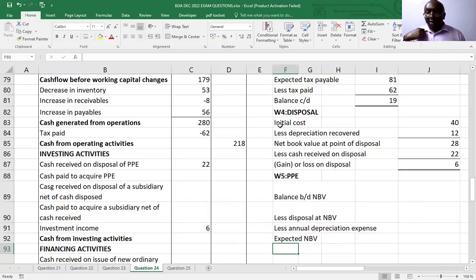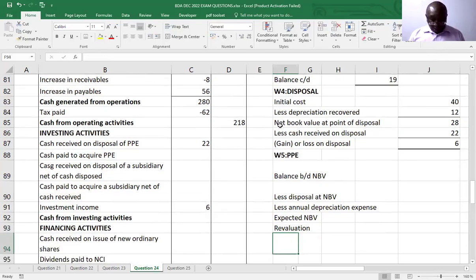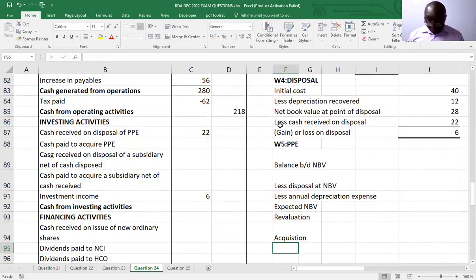So we will have revaluation, and then we will have acquisition. When we get the acquisition, obviously we are adding them. That will give us the balance carried down. And remember, revaluation must not necessarily be a gain. It can also be a loss. You can revalue downwards.